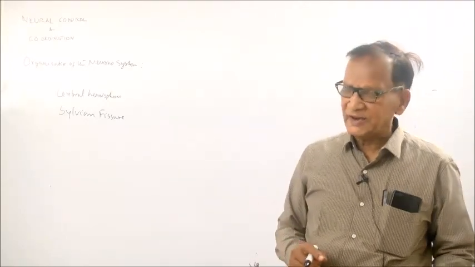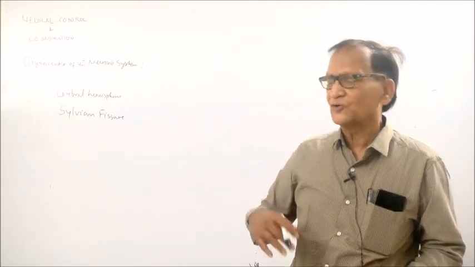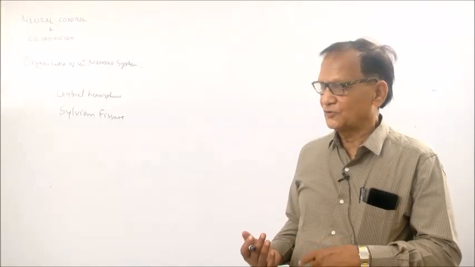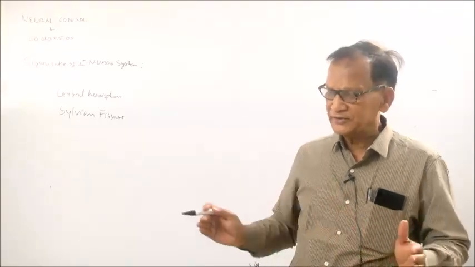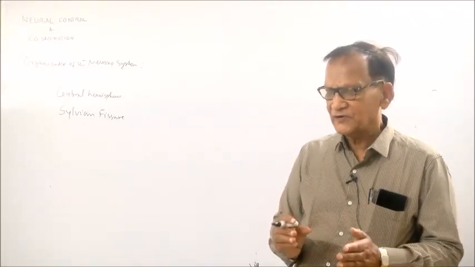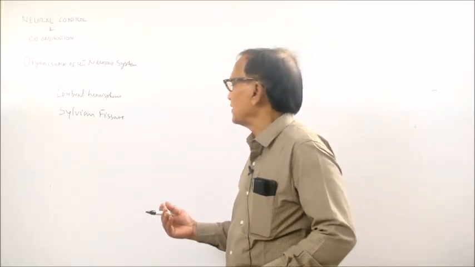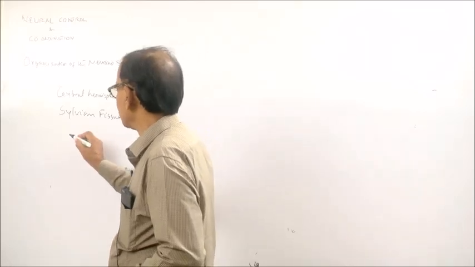And the peculiarity is that the left cerebral hemisphere controls the right, and the right cerebral hemisphere controls the left. And connecting the two, coordinating the function of the two, is a band of nerve fibers inside the cerebral hemisphere that is called corpus callosum.